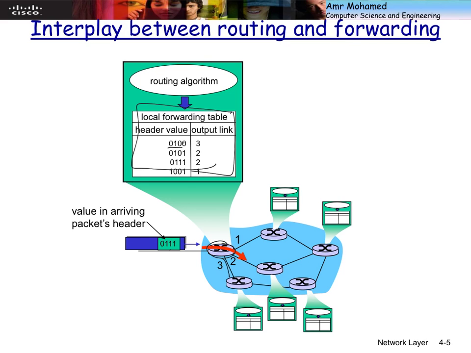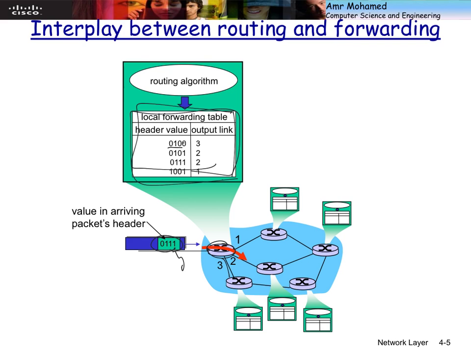Forwarding is a local decision that I have to take based on the destination address in the packet. Routing is the mechanism that I use to build that table. So routing has to run first to build that table.